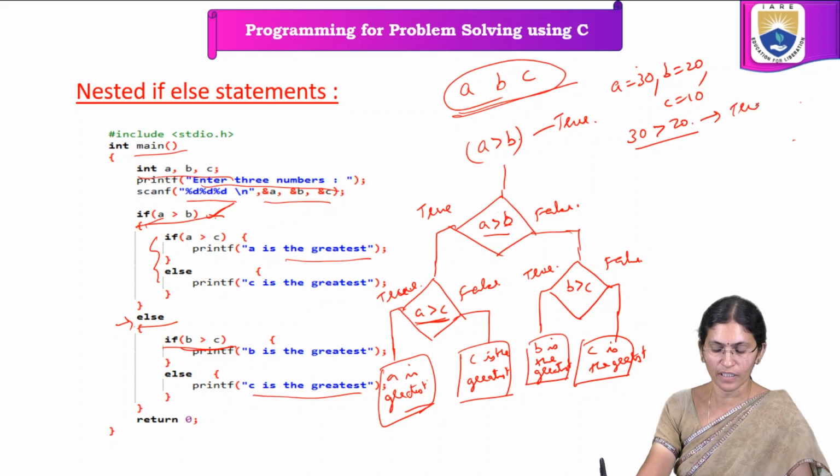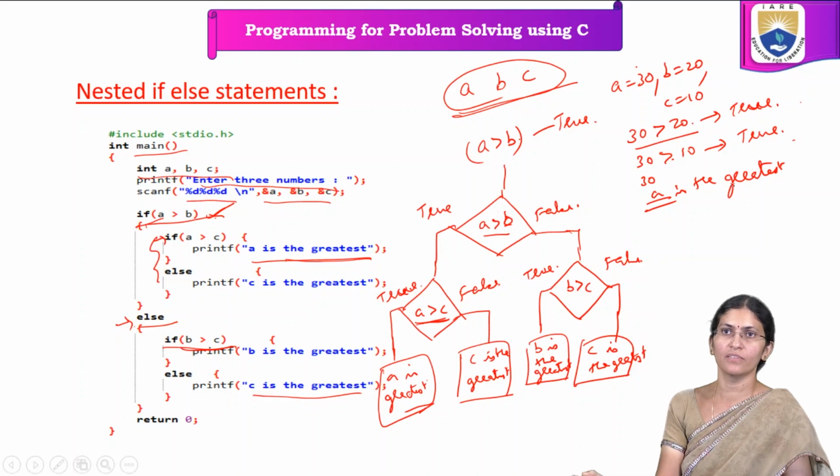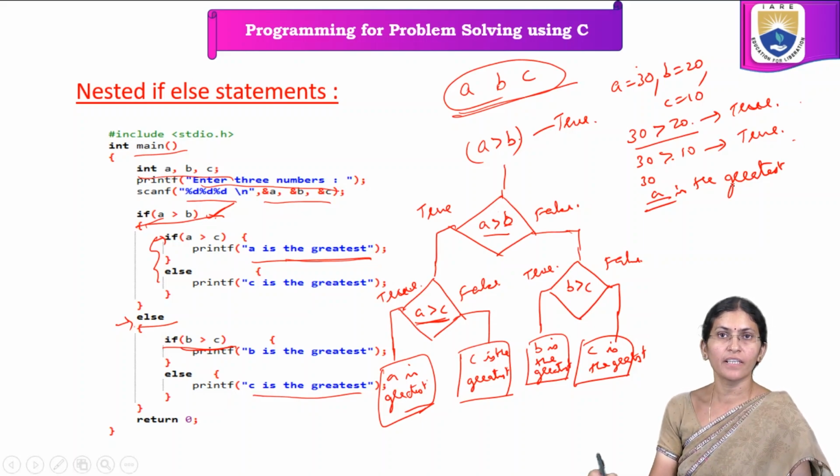This condition evaluates to true, therefore it will enter into this if block. Again it will check the condition 30 is greater than 10. This also evaluates to true, so it will print A is the greatest. Here A in the sense 30. 30 is the greatest of all the numbers. In this way we can understand the flow of control in nested if else statements.